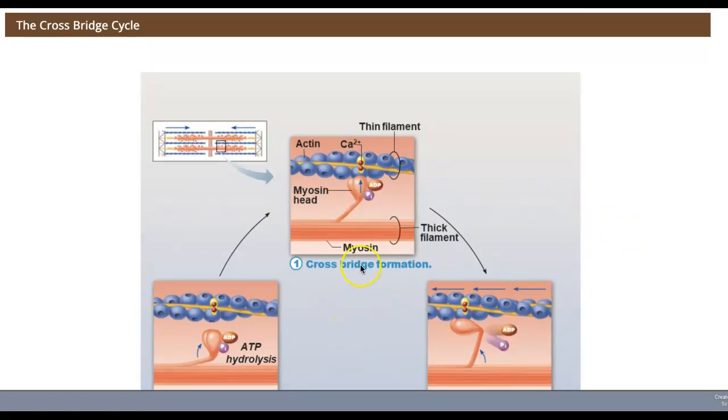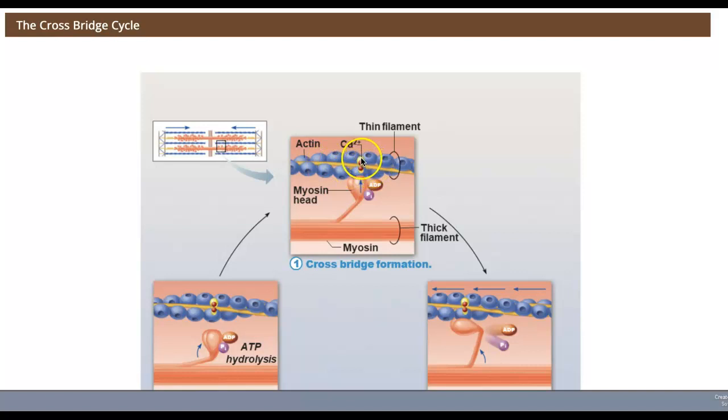So before this can happen, actin's myosin binding site has to be exposed. Normally when the muscle is relaxed, these active sites are blocked by tropomyosin, which is the orangish goldish thread here that we see.